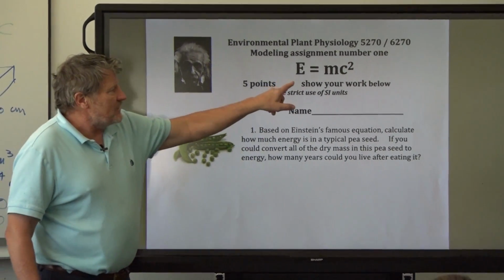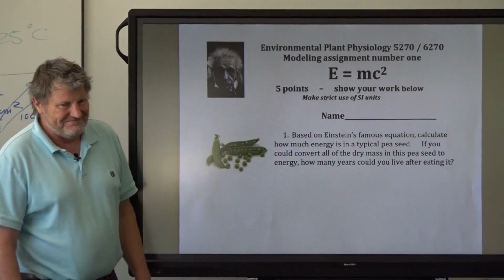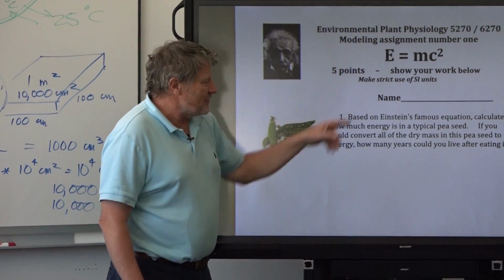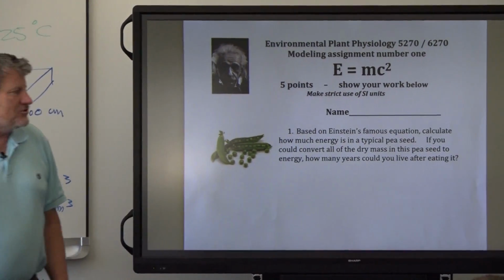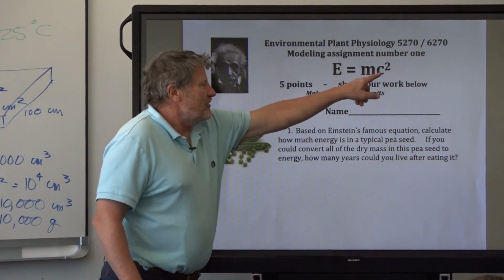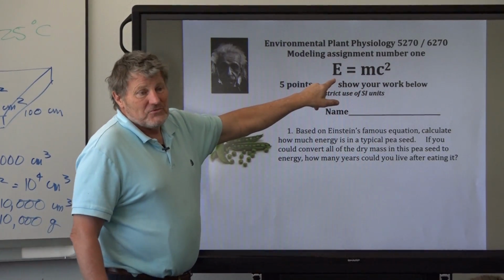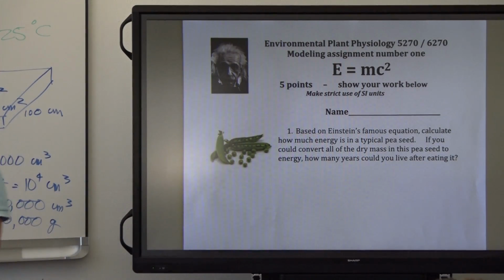But this is about the simplest equation you can get, and now think about units conversion. Get the energy in a pea seed from the typical weight of a pea, because mc squared with SI units and SI unit conversion comes out to be joules of energy in the pea seed.